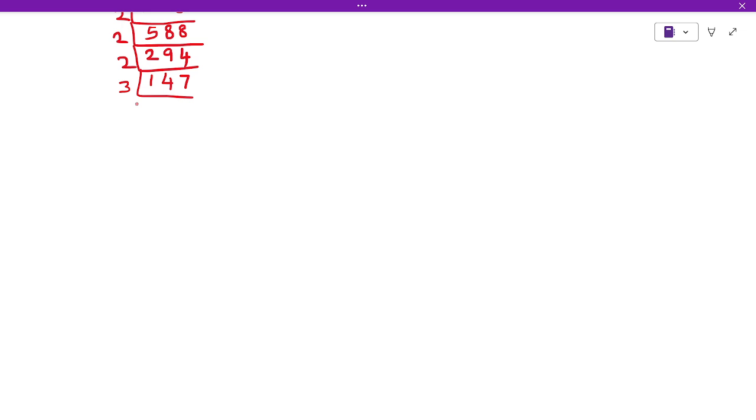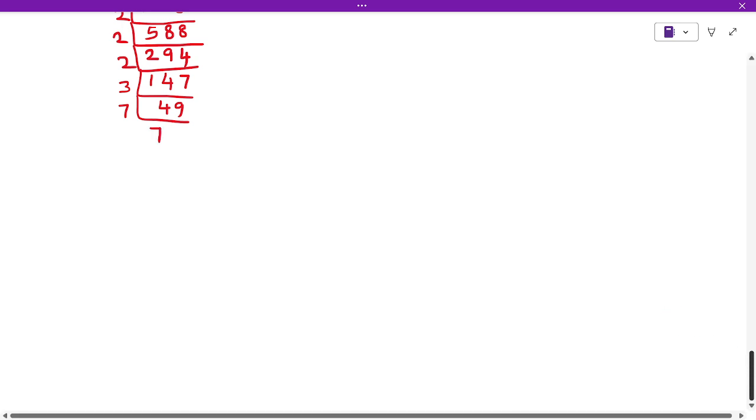Instead of checking which number is divisible, when you do more and more practice, it will be easy. 3 4s are 12 and 3 9s are 27. I know 49 comes in the 7 table. Practice makes you perfect.